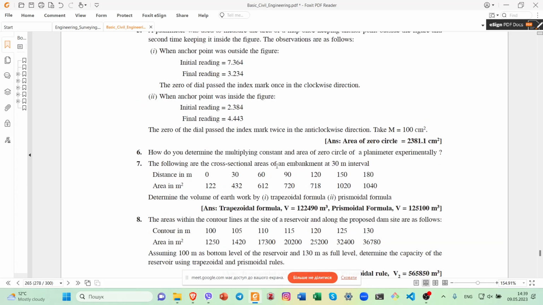Well, is everything clear about areas and volumes?